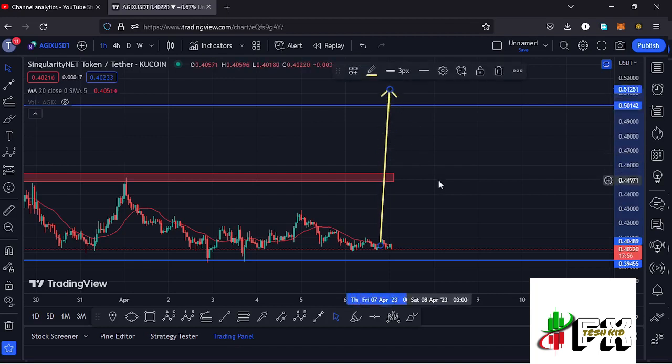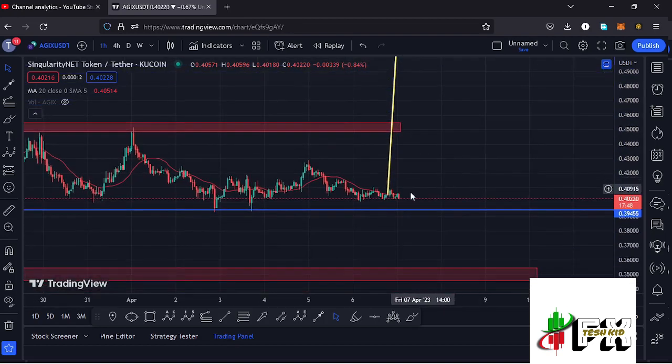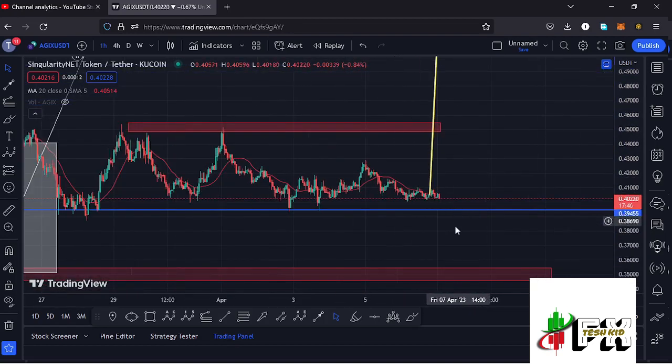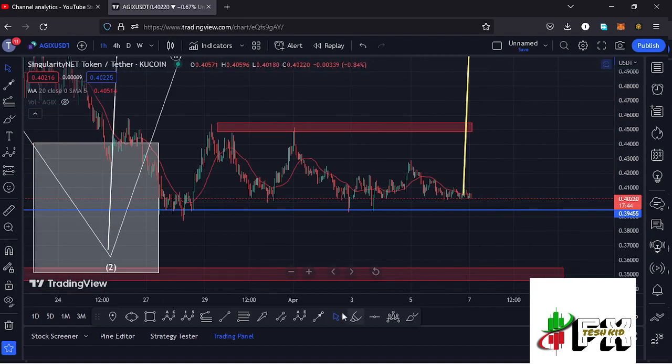But in case the breakdown continues here on the Agix chart, we also need to be prepared for such a scenario. And in case the breakdown continues, the key area of support that I'm watching is the support area at around the $0.39455 mark, and as long as we are holding above that, I believe the trend is up.